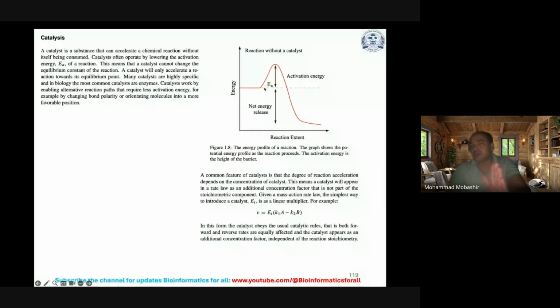So here you say this is the activation energy needed to achieve the peak of it. And then the energy profile of the reaction. Here the graph shows the potential energy profile. This is potential energy. As the reaction proceeds, the activation energy is the height of the barrier which needs to be crossed. So that's a simple way of definition.